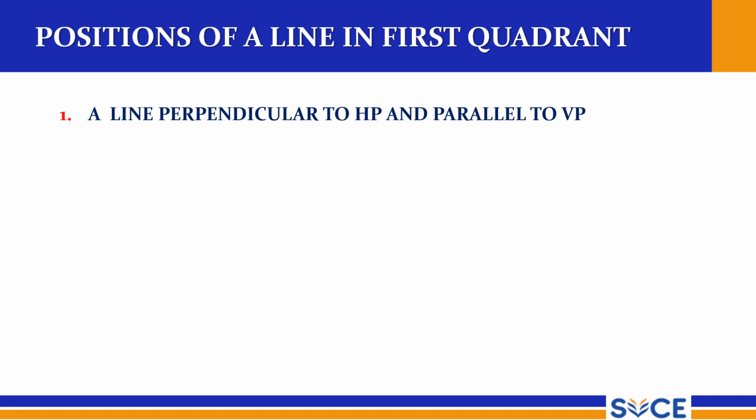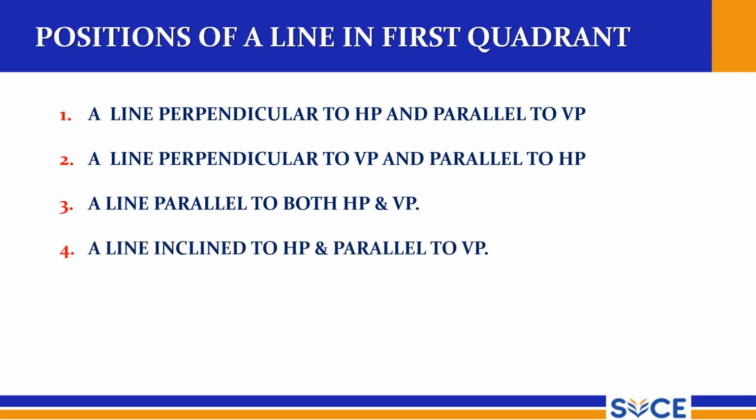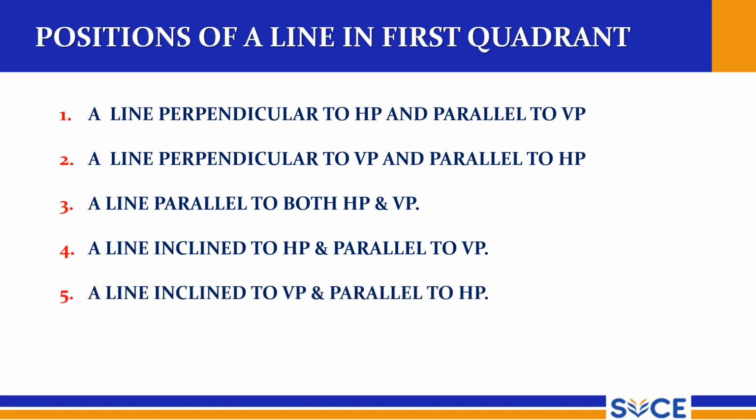I will show you all these positions. A line perpendicular to VP and parallel to HP. A line parallel to both HP and VP. A line inclined to HP and parallel to VP. A line inclined to VP and parallel to HP.